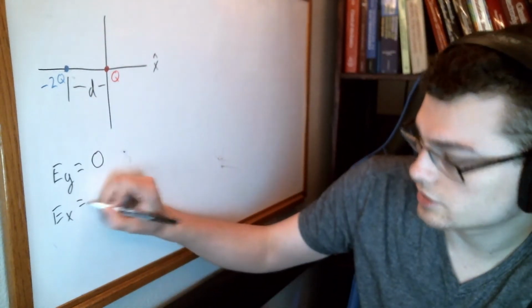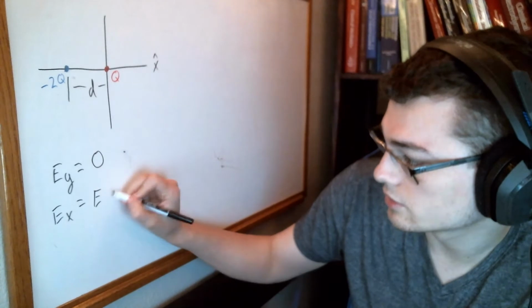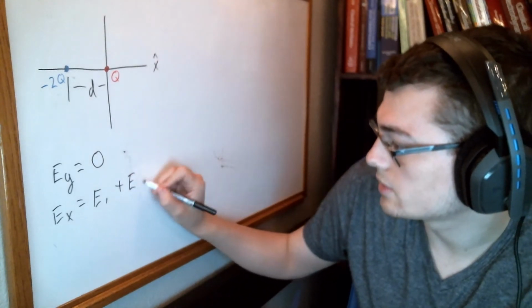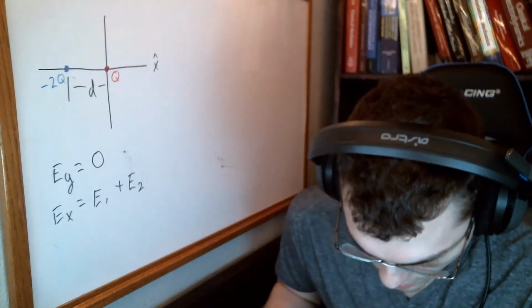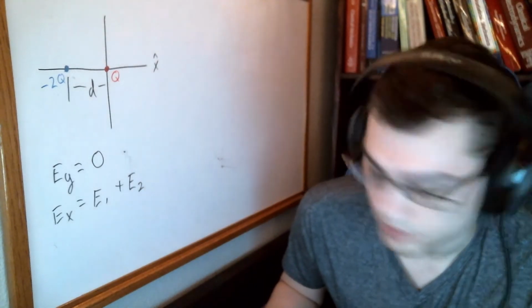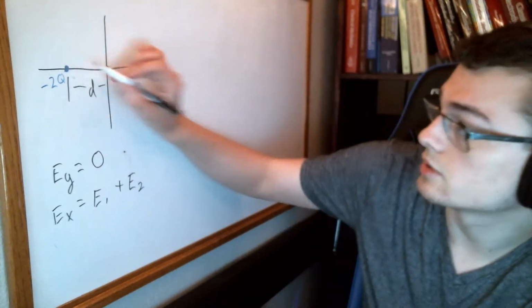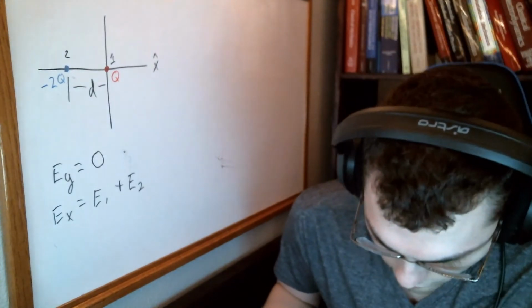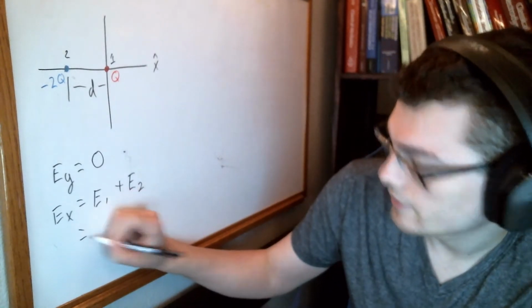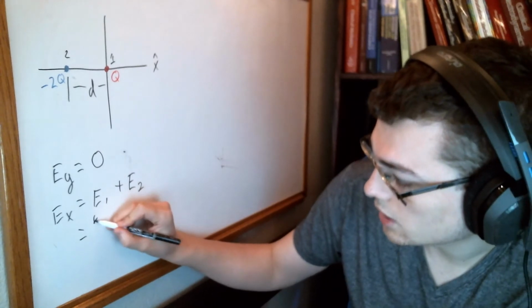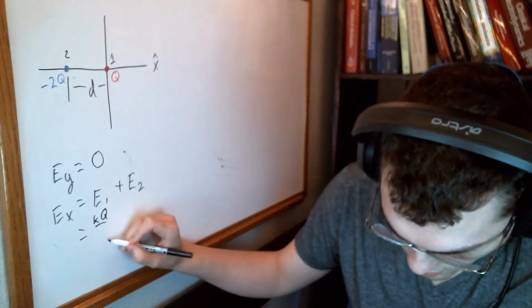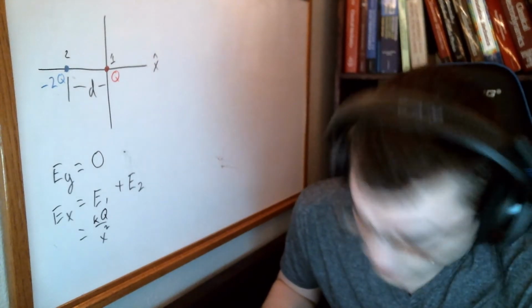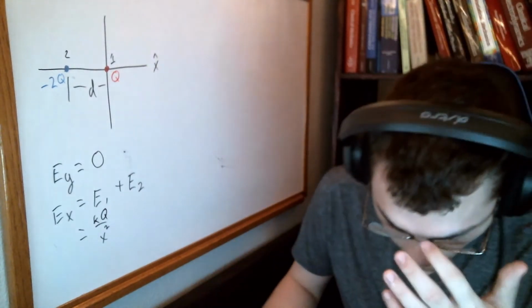So why don't we start with Ex? Ex is going to be equal to E1, and let's just add these up, E2. Here this is going to be 2 and this is going to be 1. The field from E1 is just going to be equal to kq over x squared, and I'm using x as the distance from the origin.